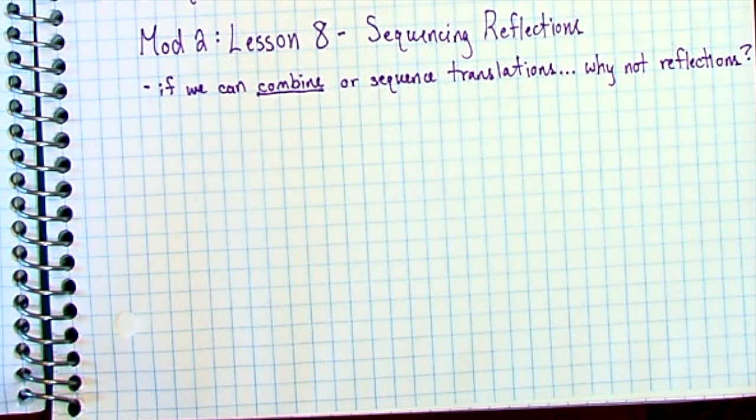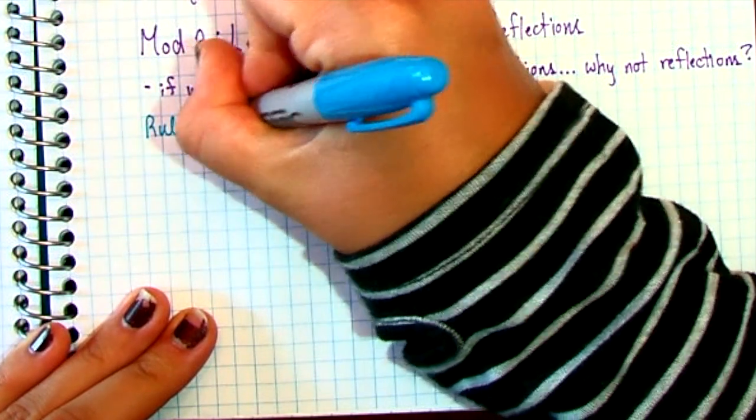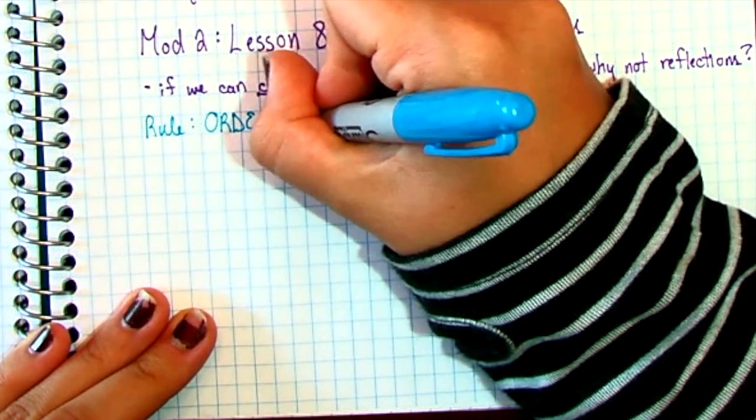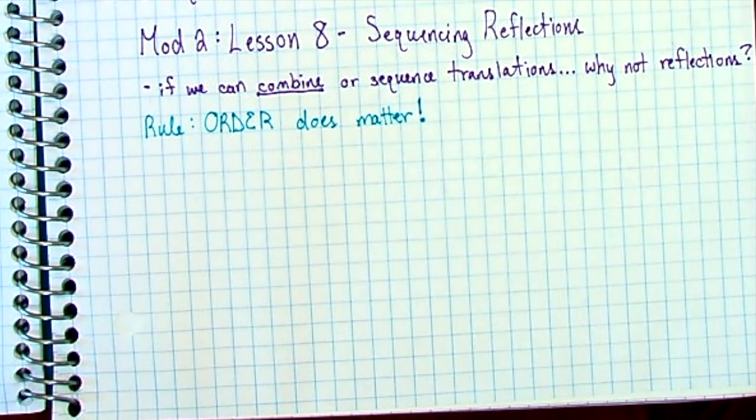So if we can combine or sequence translations, then why not reflections? Let's look at a rule. One of the rules that we really want to pay attention to is that order does matter when we are sequencing reflections. And I'm going to show you how that works and why that works.